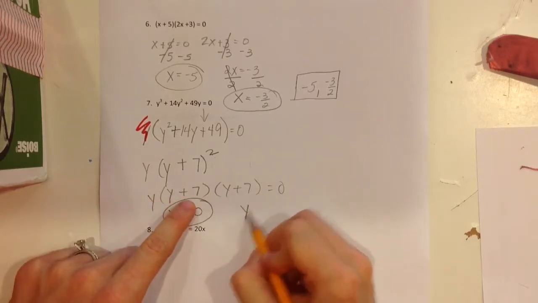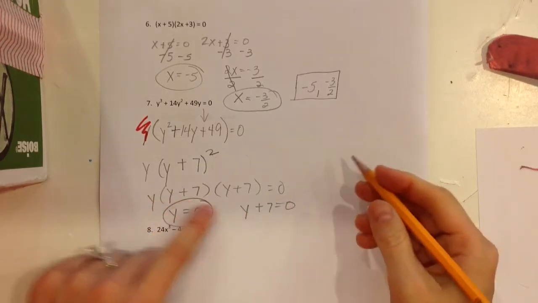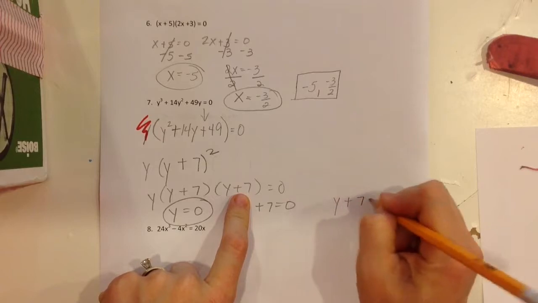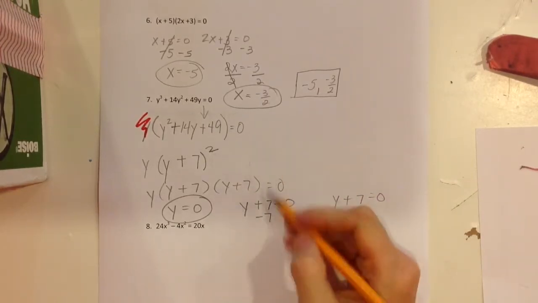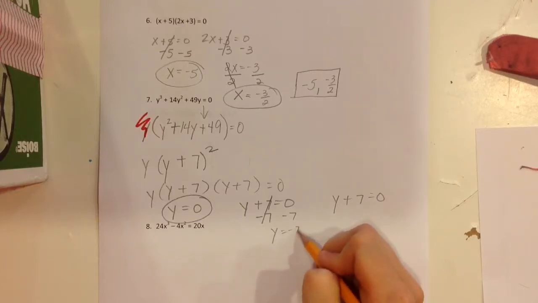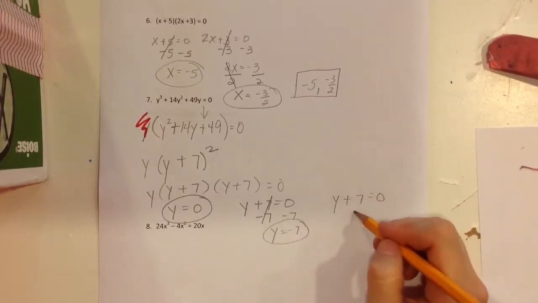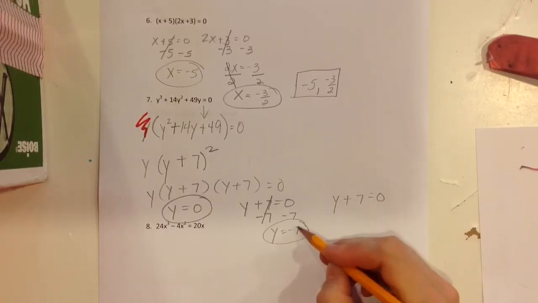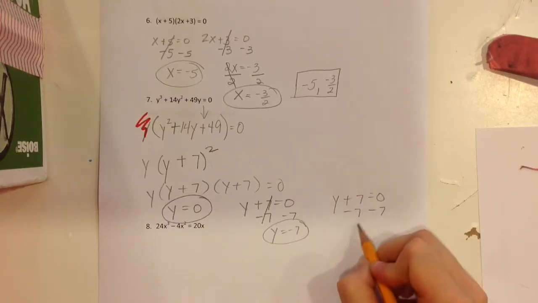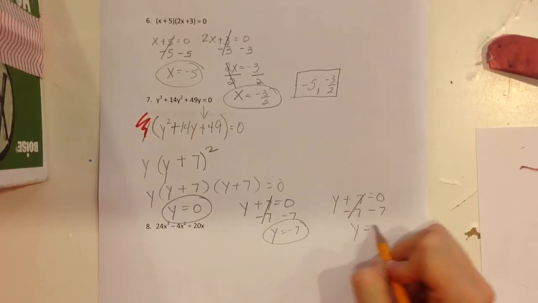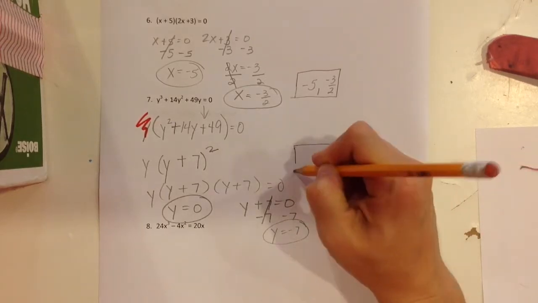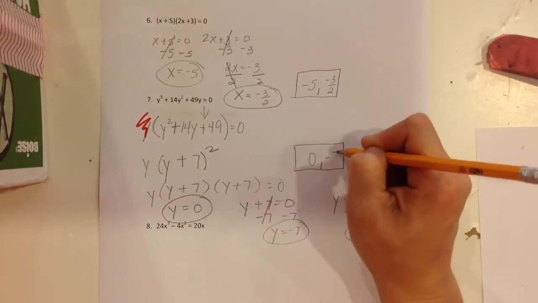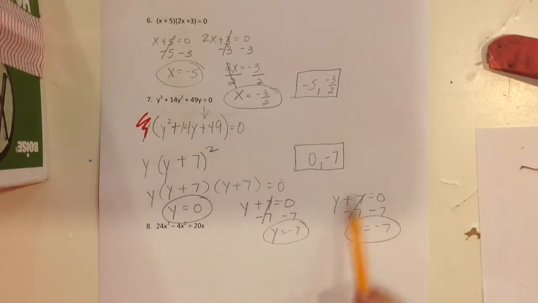If I set this factor equal to 0 and this factor equal to 0, what's going to happen? Well, when I subtract 7 to both sides, I'm going to have y equals negative 7. What happens when you subtract 7 to both sides here? You're going to get the same thing. There's no point to do this twice. It makes no sense to write the same answer 2 times. So for your answer, you're going to have 0 and negative 7. Don't write it 2 times.